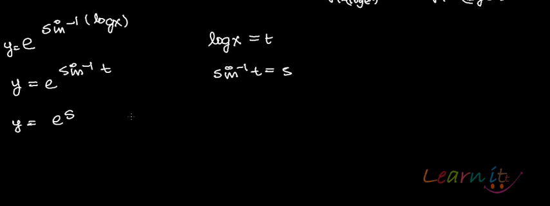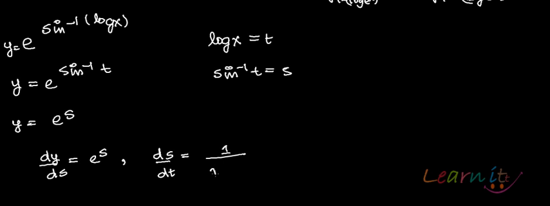Okay, what is dy by ds? That is e to the power s. What is ds by dt? It is 1 upon root of 1 minus t square. What is dt by dx?